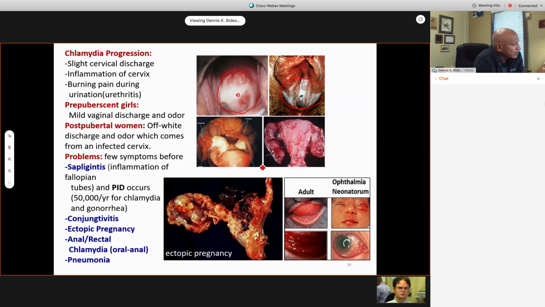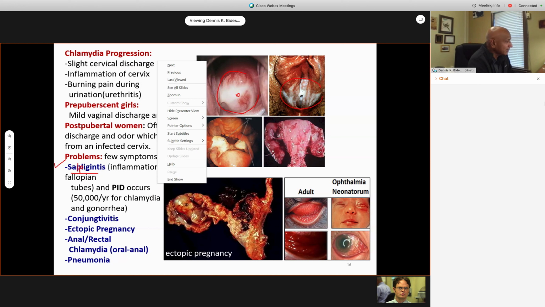All right? Some conditions that we can see associated with this disease. First of all, salpingitis. Write that word down. It should be S-A-L-P, salpingitis. In fact, I don't like the second time I saw this. Let me change that real fast. I don't like seeing errors on slides. All right, salpingitis.